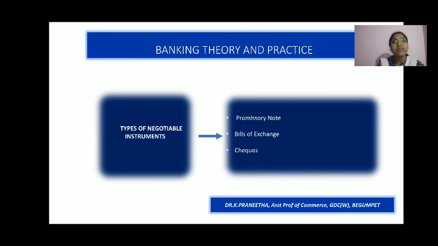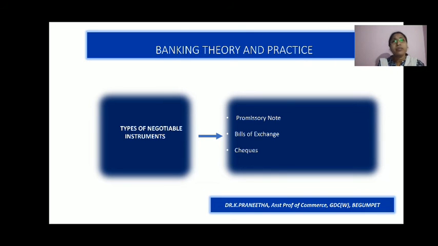When we come to the definition, a check is a bill of exchange drawn on a specified banker and not expressed to be payable otherwise than on demand. This definition is given by the Negotiable Instruments Act 1881.